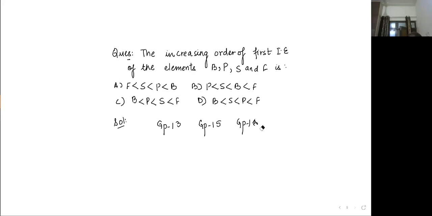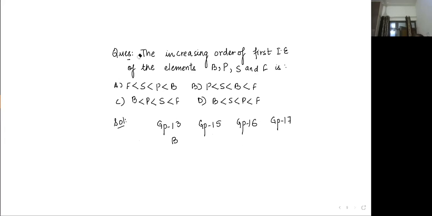Good, Shreya Reddy, good. Good, Lahari. Good, Adhiraj.